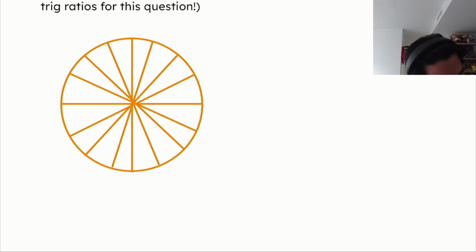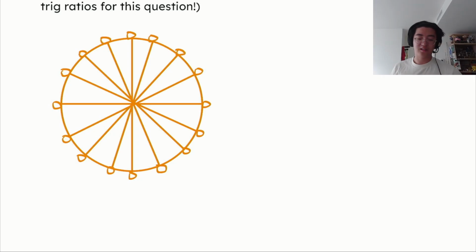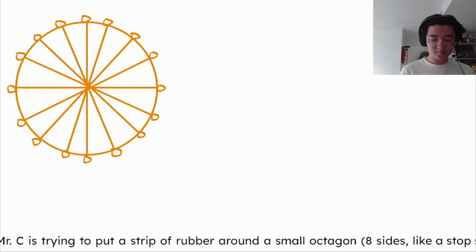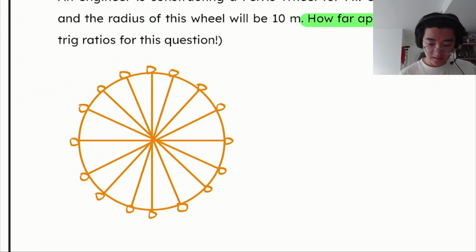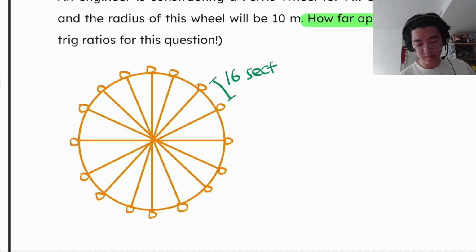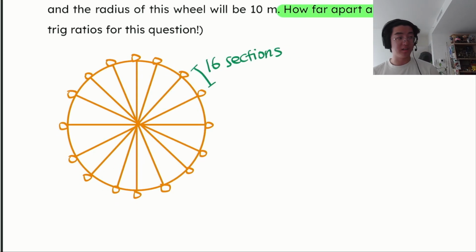Yeah, that's good enough. Because each of those sections, you can think of it as little passenger carts. So ideally they are even. Alright, so those are 16 sections of those. So how far apart are each of those individual parts?